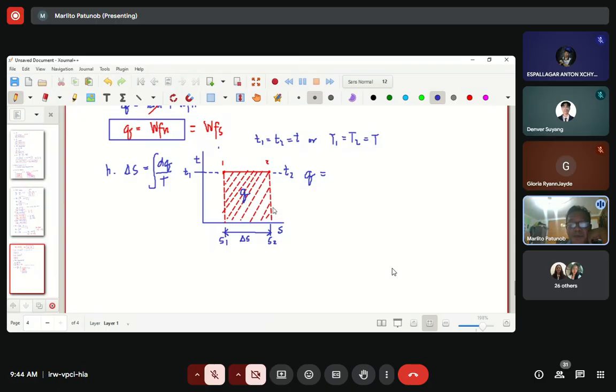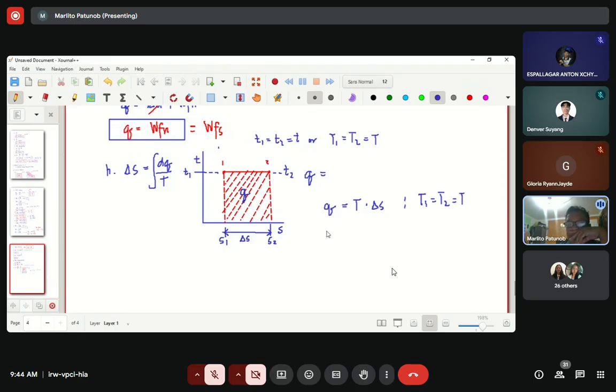So this is a rectangle. The rectangle is length times width, right? So your Q is an area of temperature and entropy delta S. So that will be T times delta S. Okay? Very simple, no?